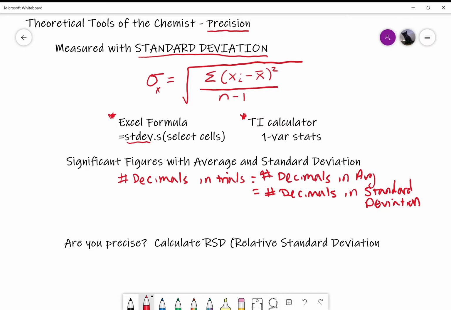So, for example, if all of your trials have one decimal and one decimal only, your average will only have one decimal, and your standard deviation will only have one decimal.